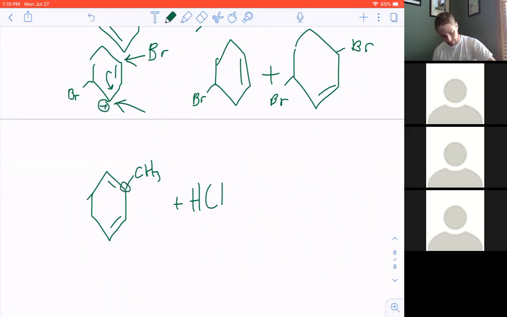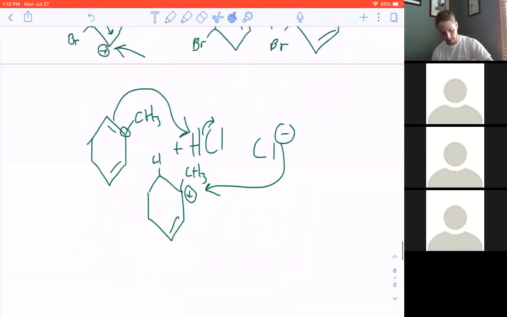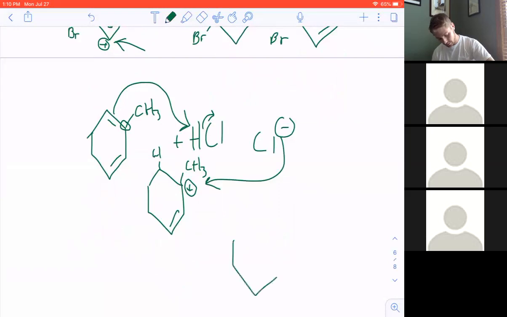So the double bond will attack the hydrogen, and you then have this, with the methyl group still there, but now this is a carbocation. The chloride ion that formed from that is then able to attack that carbocation. And the product you would look for would be this. Okay.